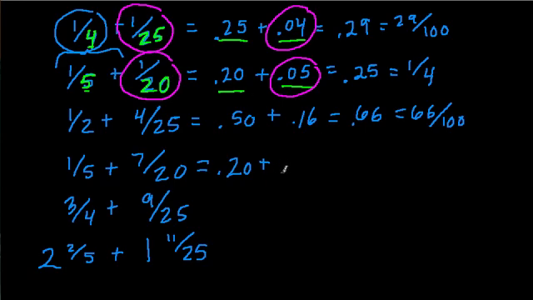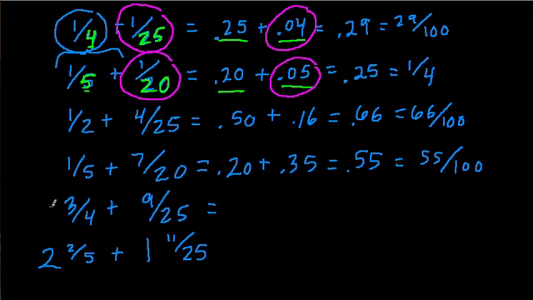If I have 7 nickels, I have 35 cents. Adding up 20 and 35, I have 55 cents. Put that in. Or 0.55, which is 55 out of a dollar, or 100. A little bit more than a half.